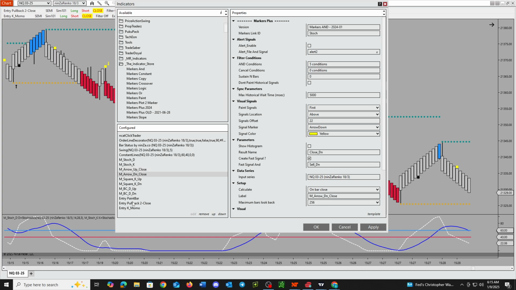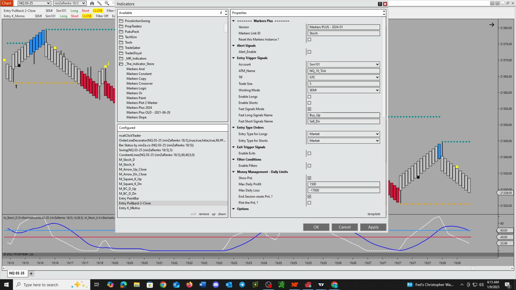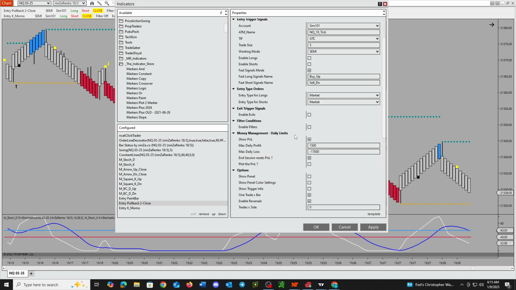Okay, so that's what triggers that pullback to close. And you can set these things however you want to. So I have them set monstrously large, just simply because I'll stop my own trading in real accounts. Right now I'm just trading sim in this module. I'll probably trade sim for another week before I put it into an eval.